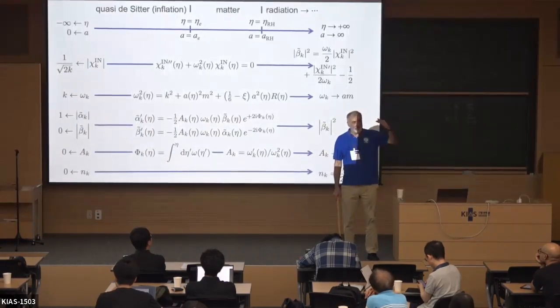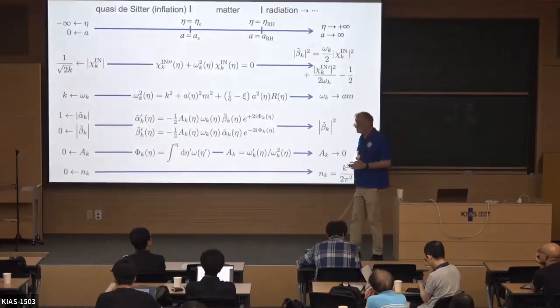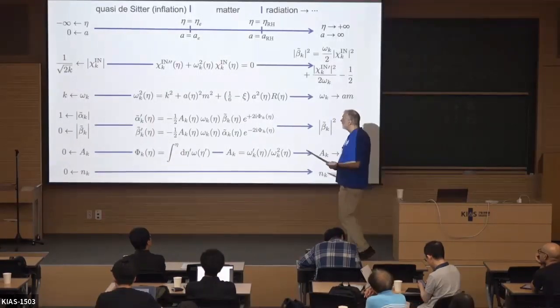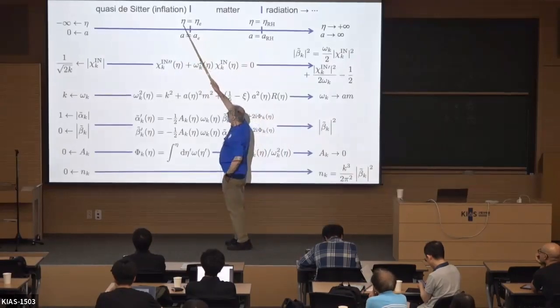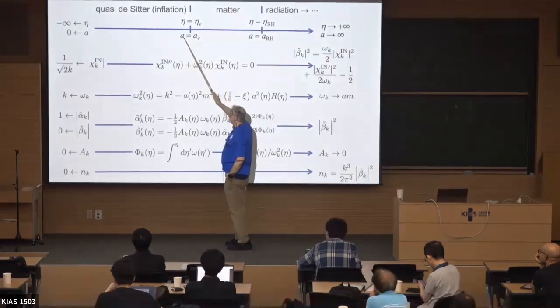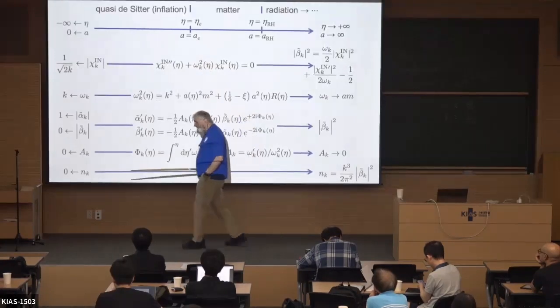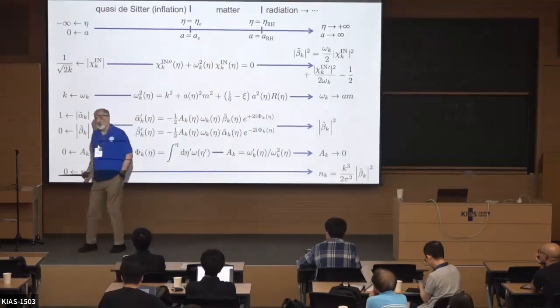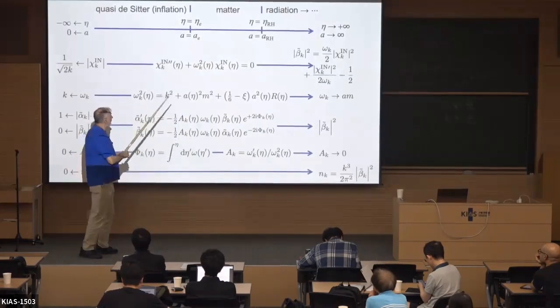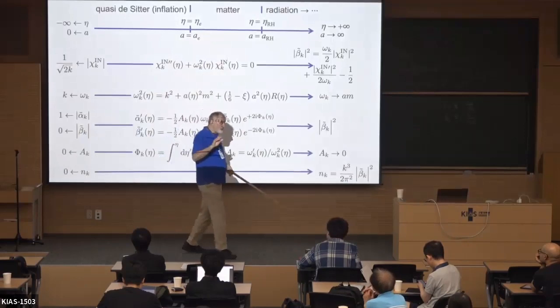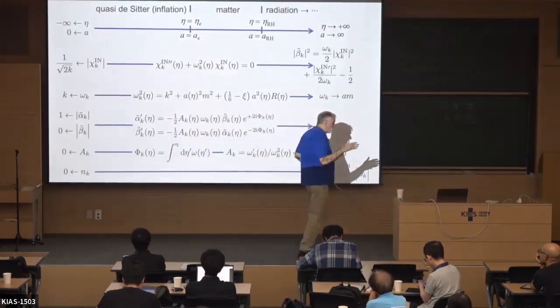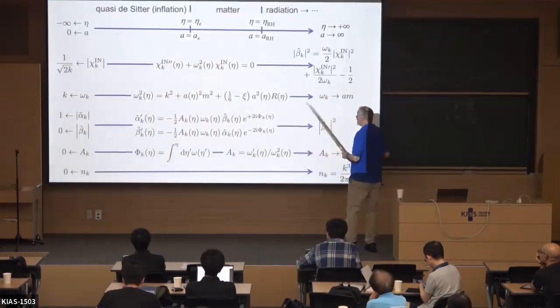In inflation, the inflaton field slowly rolls under the influence of the potential. The quasi-de Sitter phase or inflation ends at some value of eta, which I'll call eta sub e, and the scale factor is a sub e. So the subscript e will correspond to the end of inflation and the beginning of a matter-dominated phase where the energy density is due to the scalar field oscillating about the minimum of its potential.